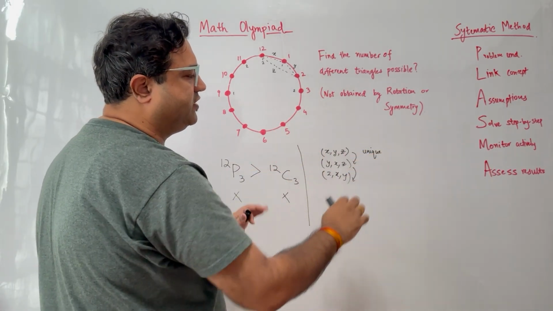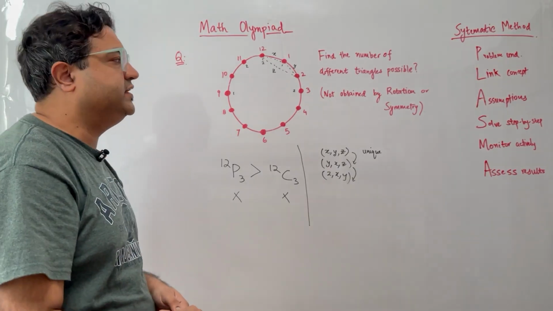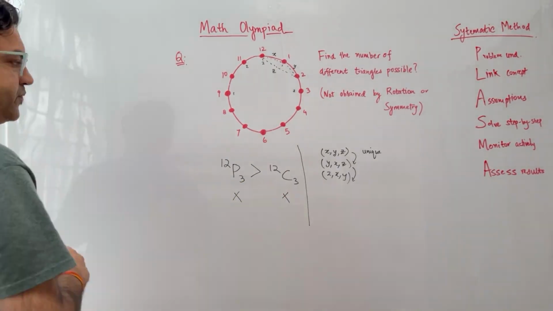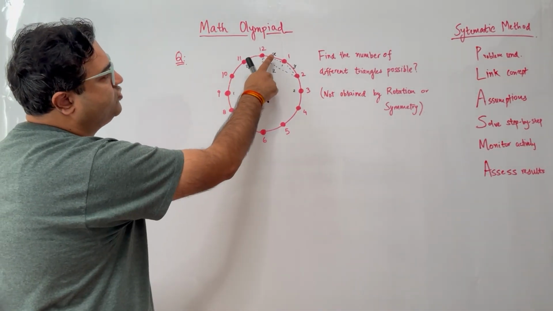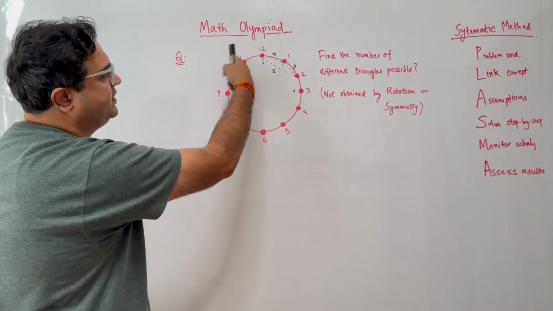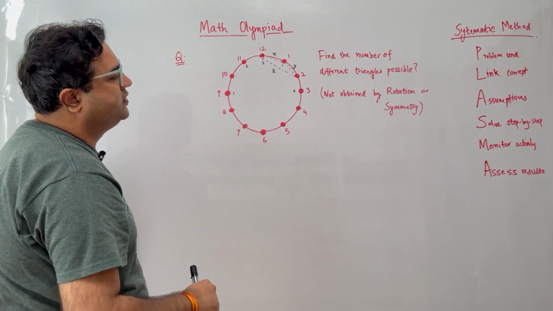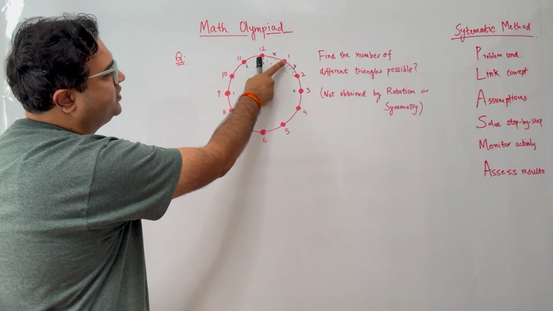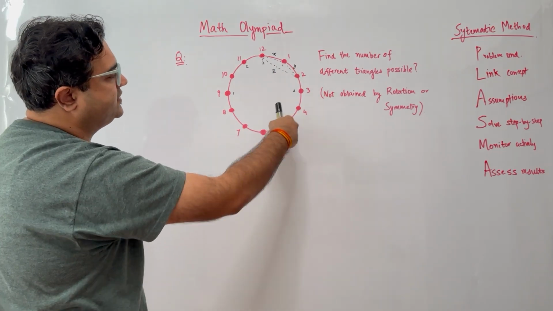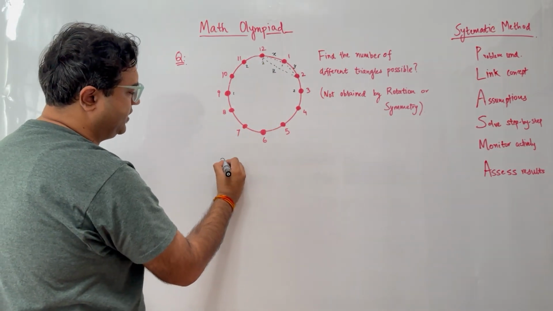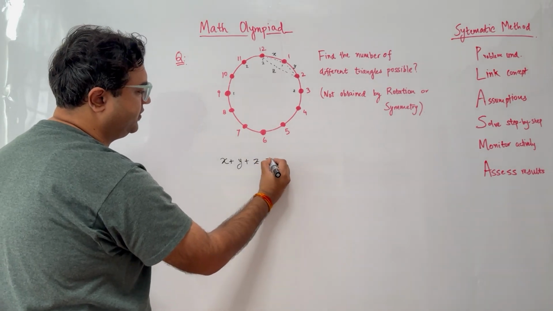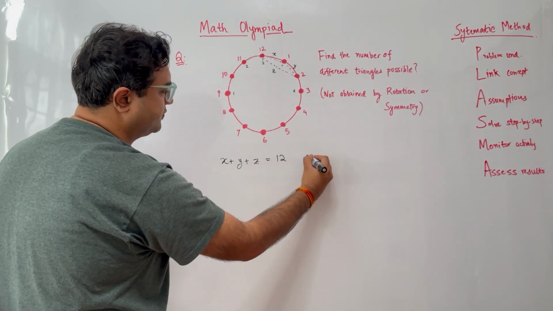So we have to find different values of x, y, and z, or different arc lengths. But we know that x plus y plus z is going to be 12. For example, in this triangle, x is 1, y is 1, z is 10. So x plus y plus z is always 12.